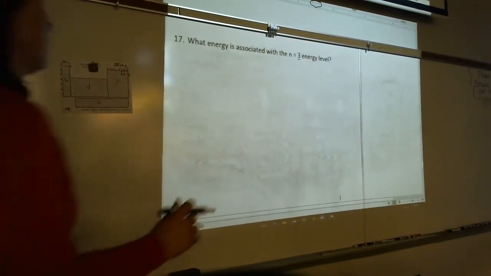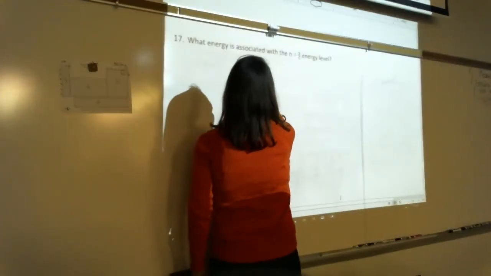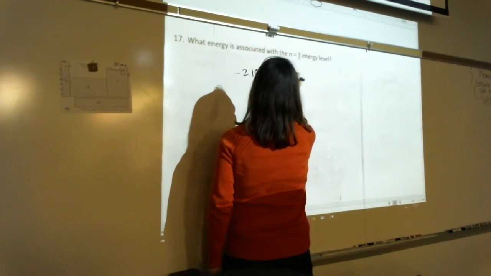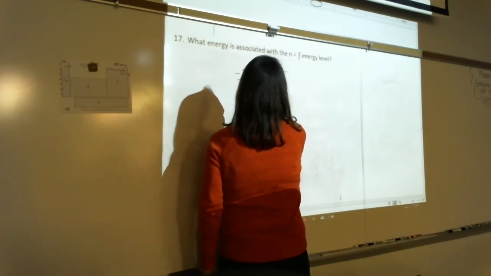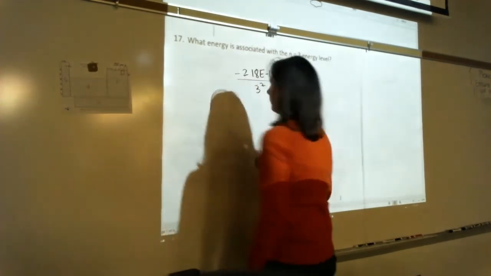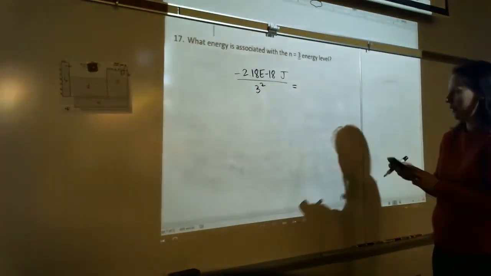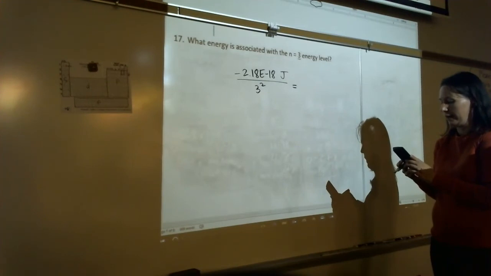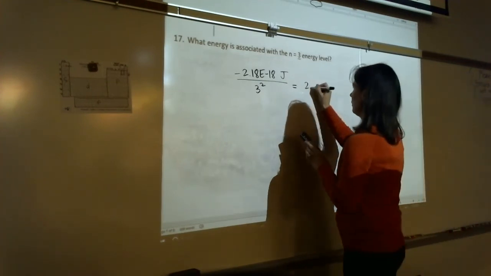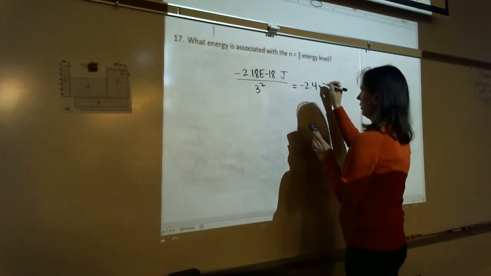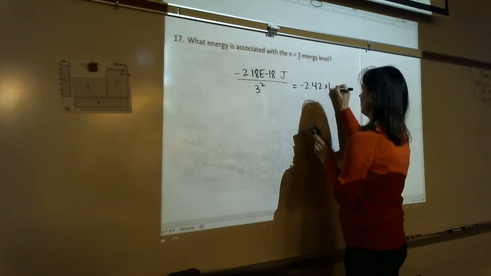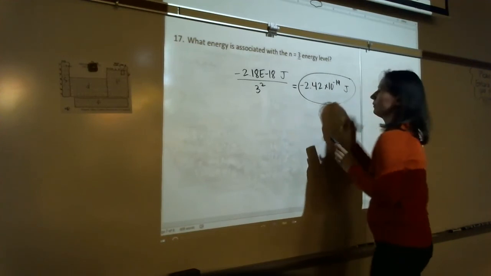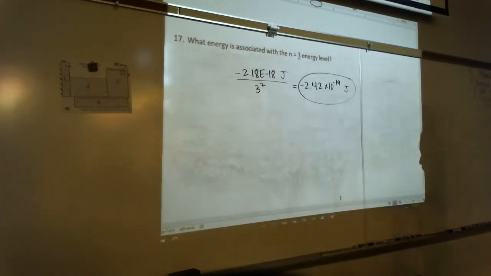So it's just negative 2.18 times 10 to the negative 18 joules over 3 squared. So when you do your math there, 2.18 times 10 to the negative 18 divided by 9, you get 2.42 times 10 to the negative 19 joules. How do you feel about 17?